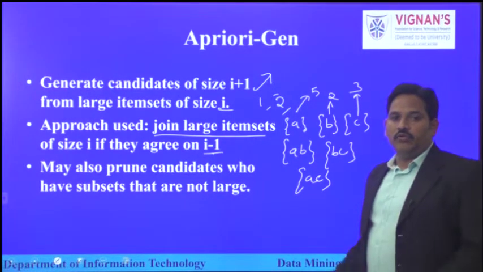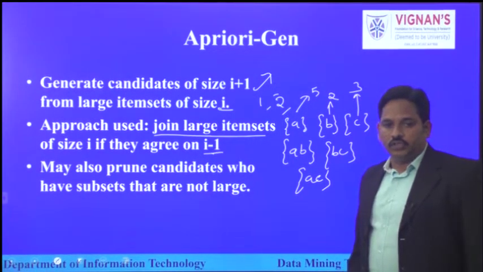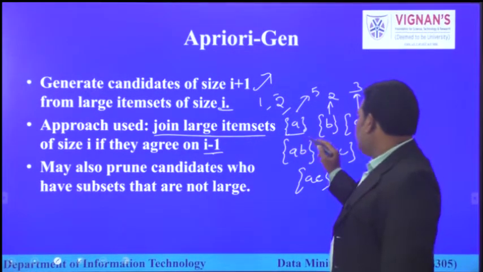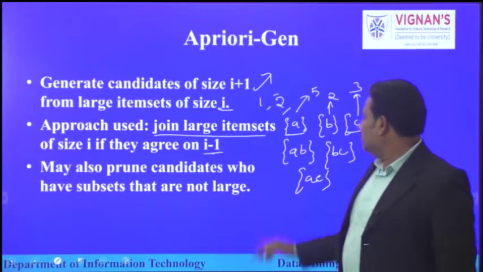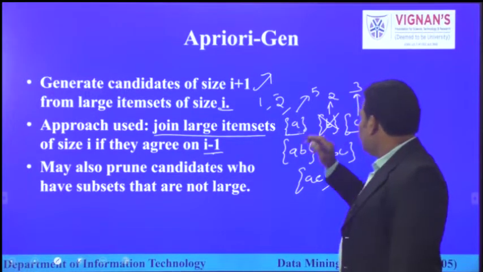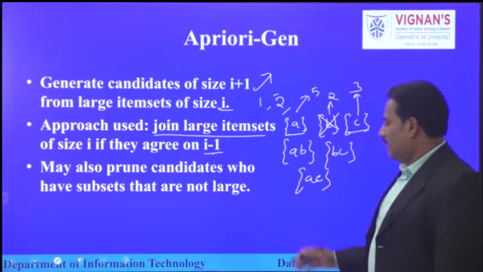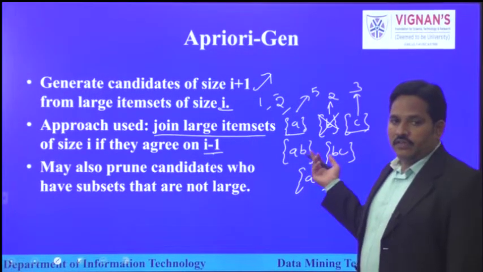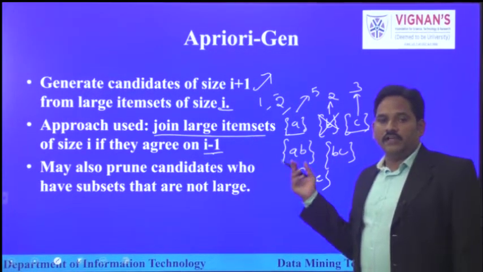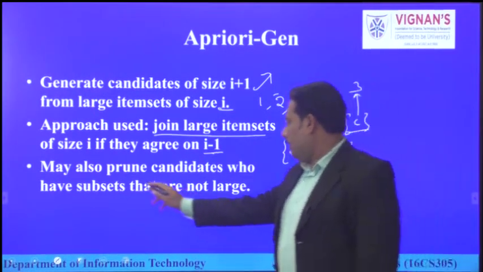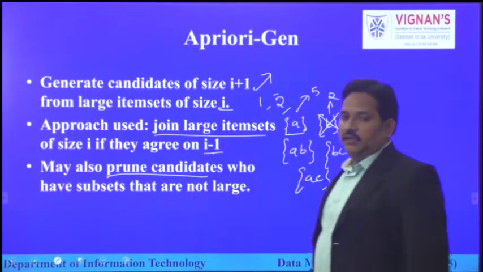Let us assume we want to take 50% threshold based on the support count. Only A is going to be selected and C is going to be selected. Sorry, B is going to be pruned, that means eliminated from the analysis. So at any stage, whichever is the best suitable value or item set is going to be taken into consideration. That is called pruning the candidates.